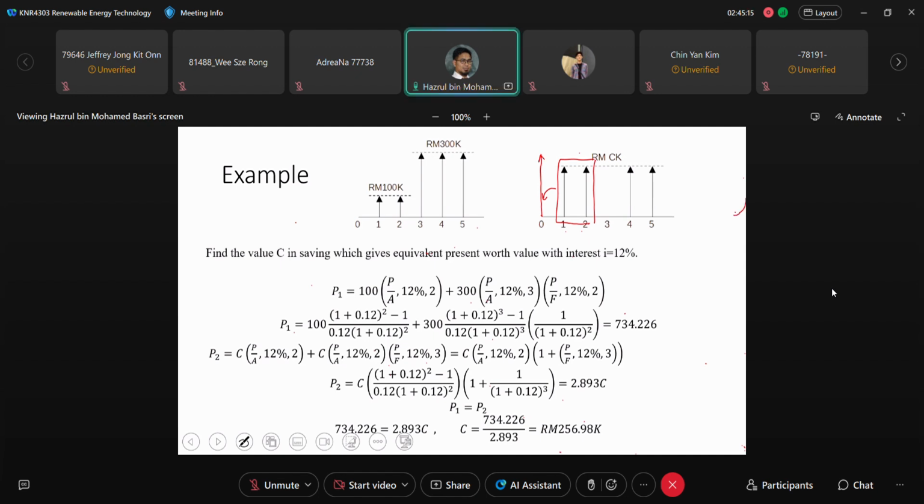Step number 2, I'm going to take this annuity and find out the present value. After I calculate the present value for this one, I will consider it as future value, and from future value, I'm going to bring it to the present. So we have the total present worth value of the project.